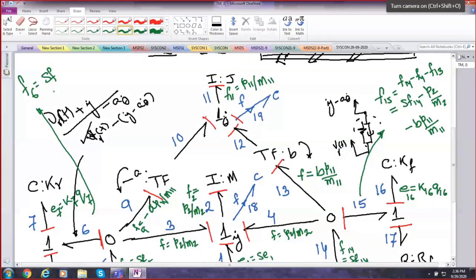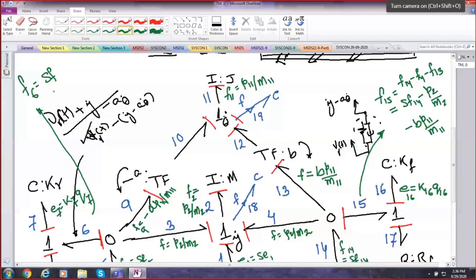Sir, when we are doing it like this, instead of writing the whole table, yesterday we saw that there were many equations which were irrelevant. So in this case, why are we finding F15? Because that is F16. F16 is what value? We have to write an equation for F16. Okay, so we need to find F15, and that is coming from F13 and F4.